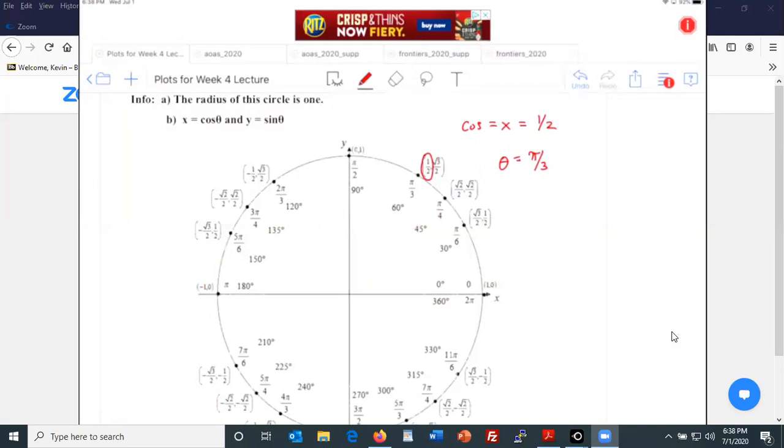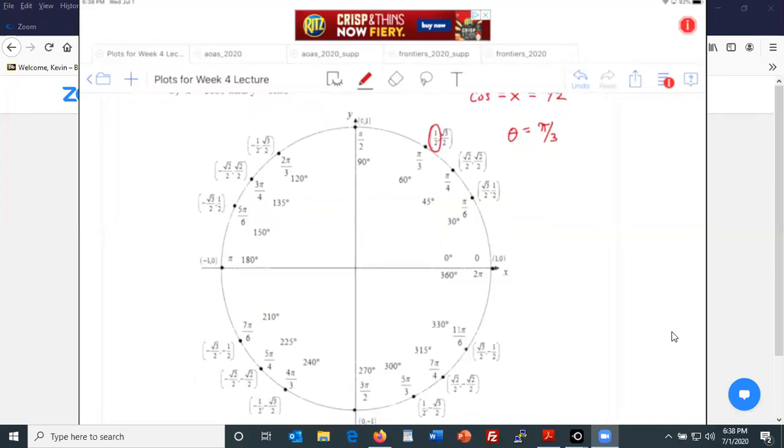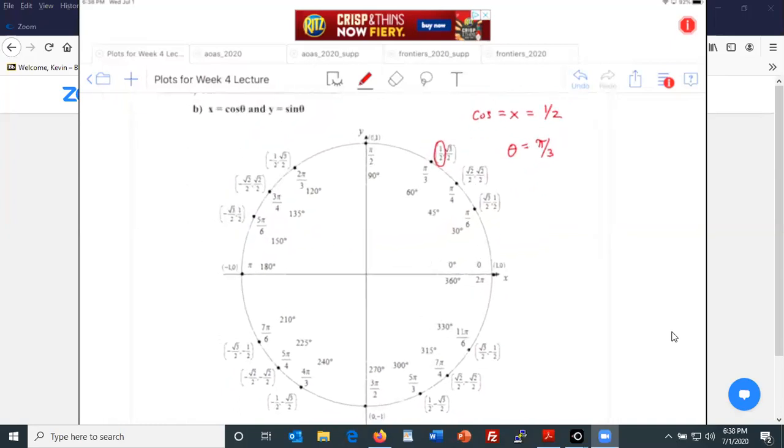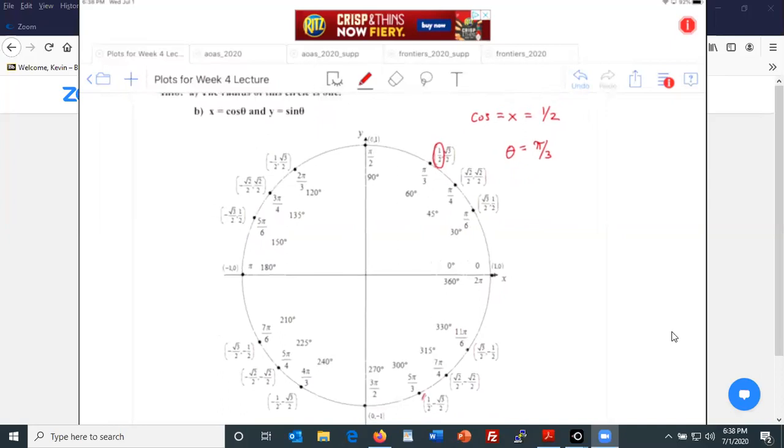Yes, you could, but we're going to use radians for these, okay? Radians. And I'm sorry, I know some of you don't like radians, but again, the reason is for calculus, all right? If we don't force ourselves to learn radians, it will be an issue when you get to calculus because you won't remember it, you won't have enough practice with it, so it's important that we stick to radians. All right, and there's one more. Just go around the circle till you find that x value of positive 1/2. And the angle there is at 5 pi over 3.